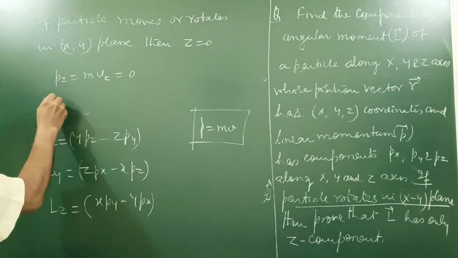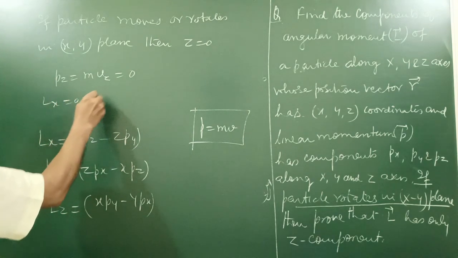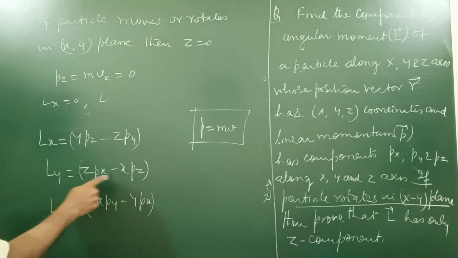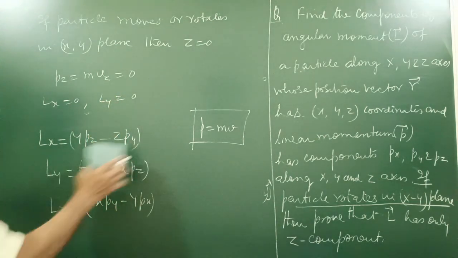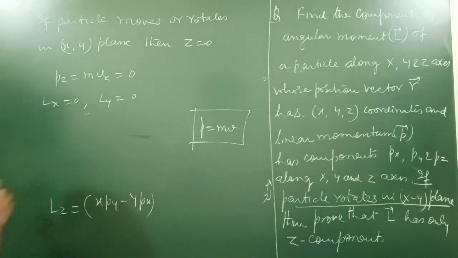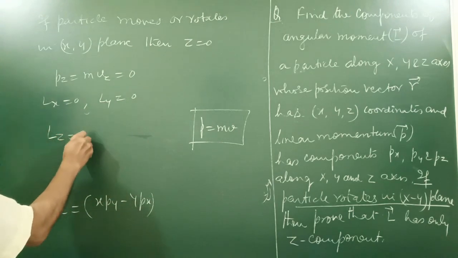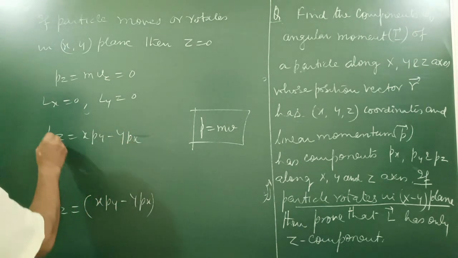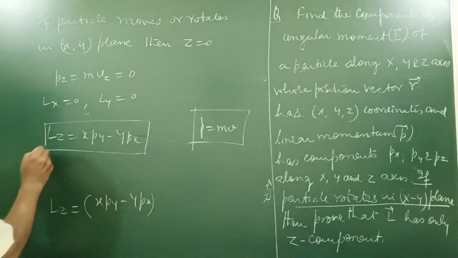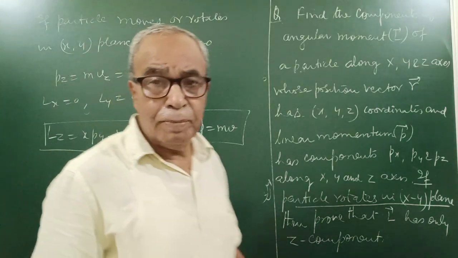And hence Lx equals 0, Ly equals 0, since z is 0 and pz is 0. Only Lz is left: Lz equals x py minus y px. This is one question, which is very simple for you.